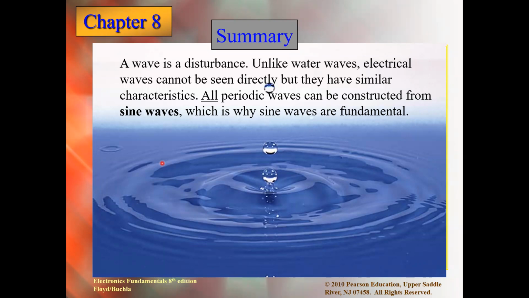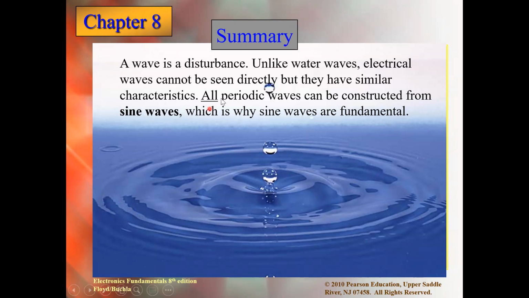You can see the waveforms creating in the water. But in electrical waves, you cannot see them with your naked eyes. We need some devices to see these electrical signals, otherwise we cannot see them.